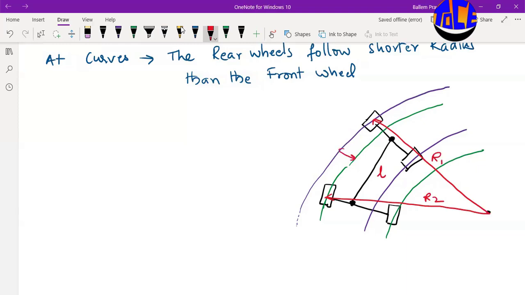This much widening is required, so let it be WM. This much mechanical widening we need to provide. This is called off tracking, and this is the scenario that happens while the vehicle travels on a horizontal curve.